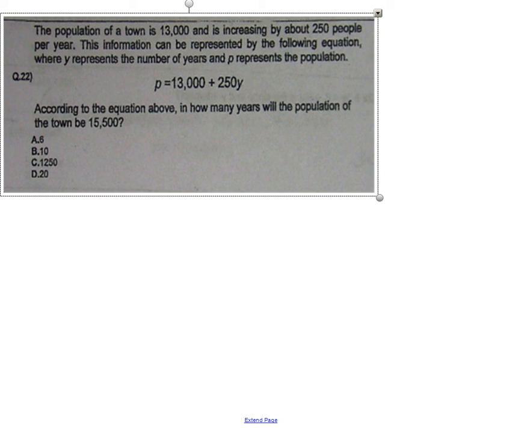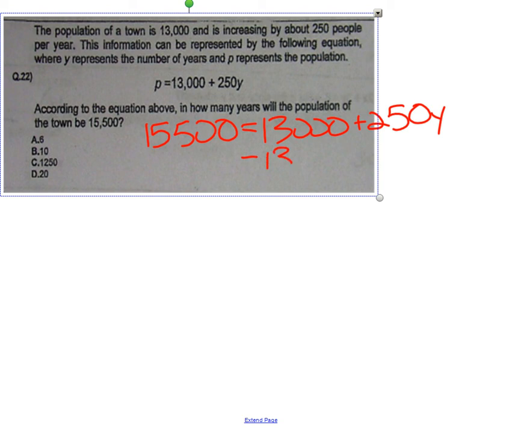So, a couple ways we could look at this. If this is the population we want, we could substitute that in for P. So we could say 15,500 equals 13,000 plus 250y. And then we could subtract 13,000 from either side.